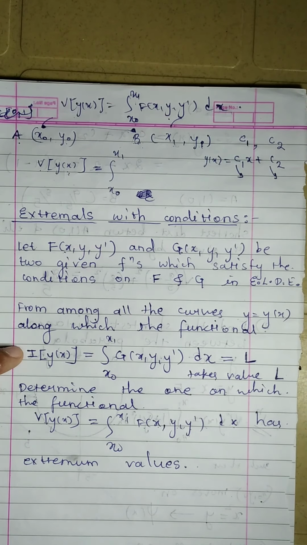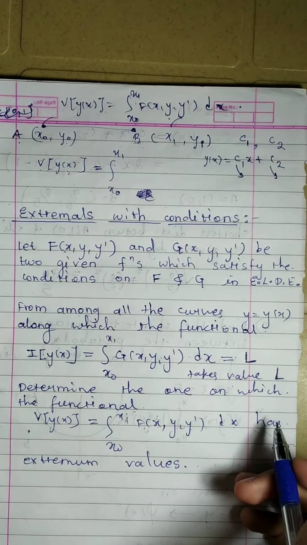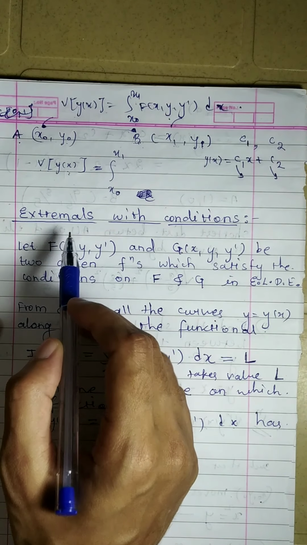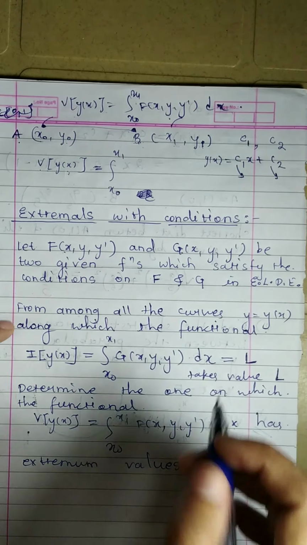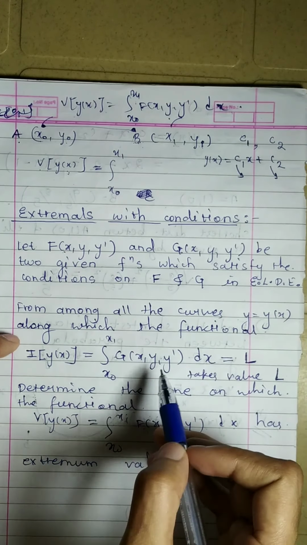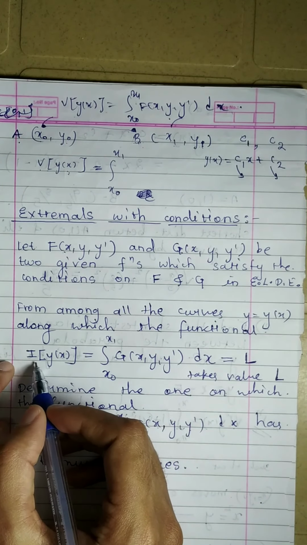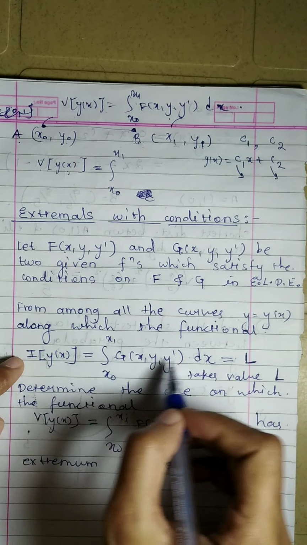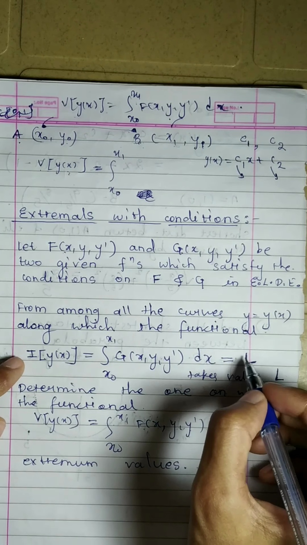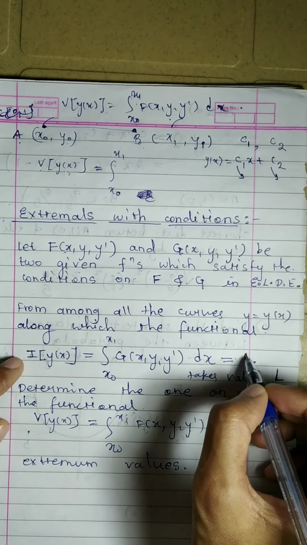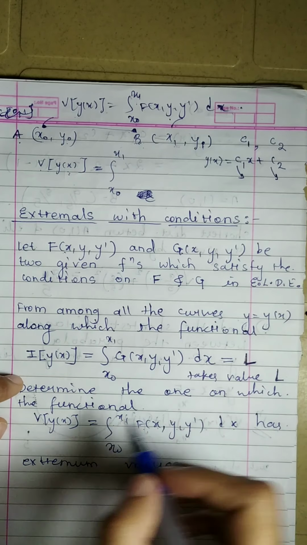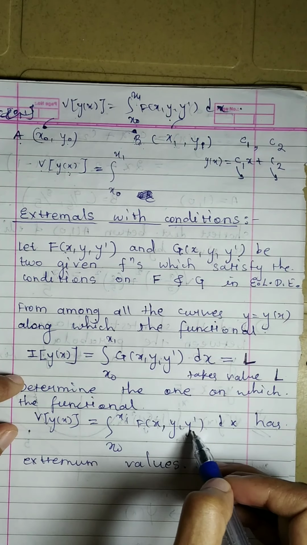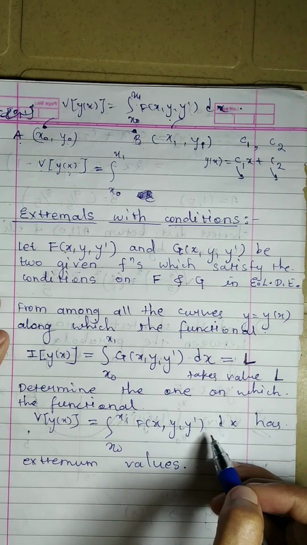It is like we want to find the extremal, but there are some conditions which are to be satisfied by that extremal. So from among all the curves y equal to y(x) which satisfy this condition, that means if we put that y in this functional, then that functional takes the value L. Among all those curves, we want to determine the one on which this functional has the extremum value.